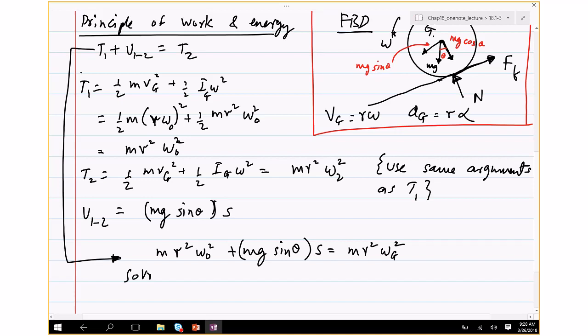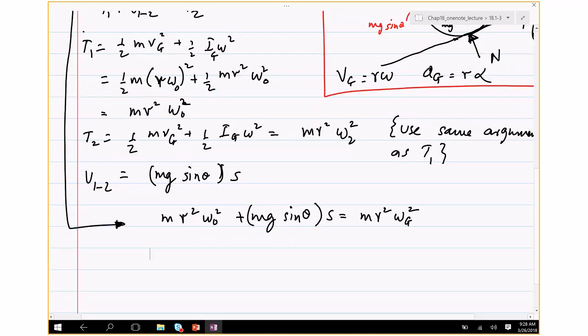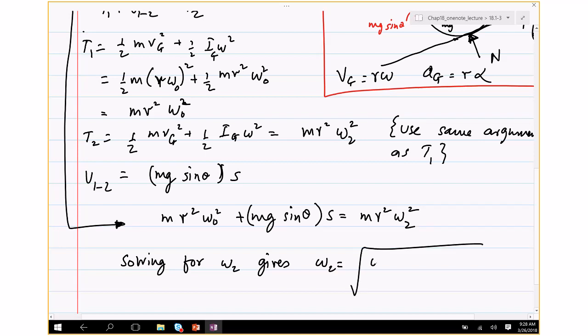Solving for omega 2 gives omega 2 is the square root of omega 0 square plus g s sine theta divided by r square.